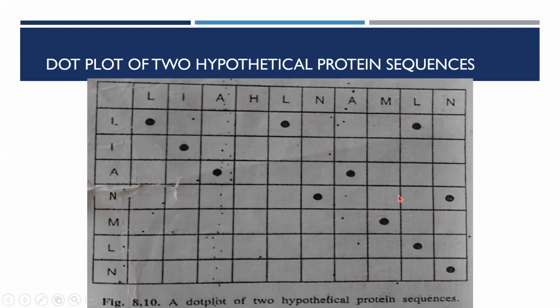So that is how, by placing dots where the characters match, you can identify the regions of similarity or dissimilarity. Since it is a graphical method of placing dots, this method of sequence alignment is called dot plot or dot matrix.